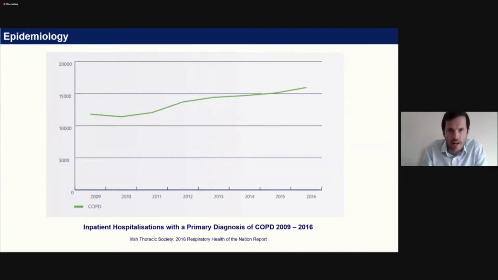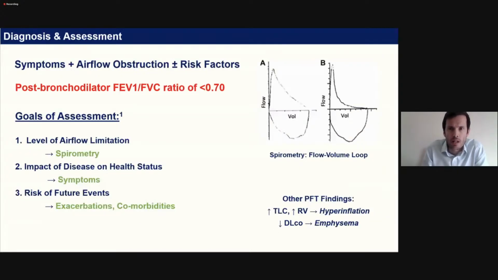So as shown on this graph, which is published by the Irish Thoracic Society, the number of patients hospitalized with a primary diagnosis of COPD has increased over the past number of years and continues to increase. So what is the recommended approach to the diagnosis and assessment of COPD in 2021?